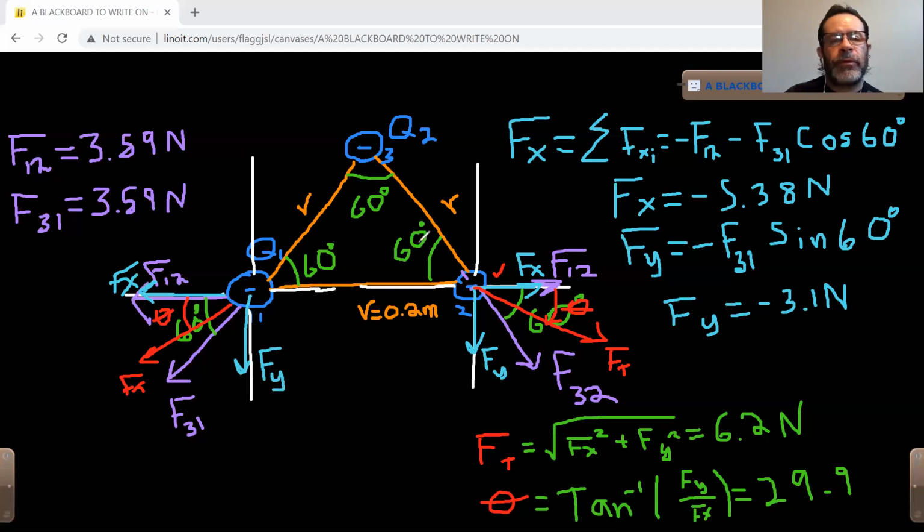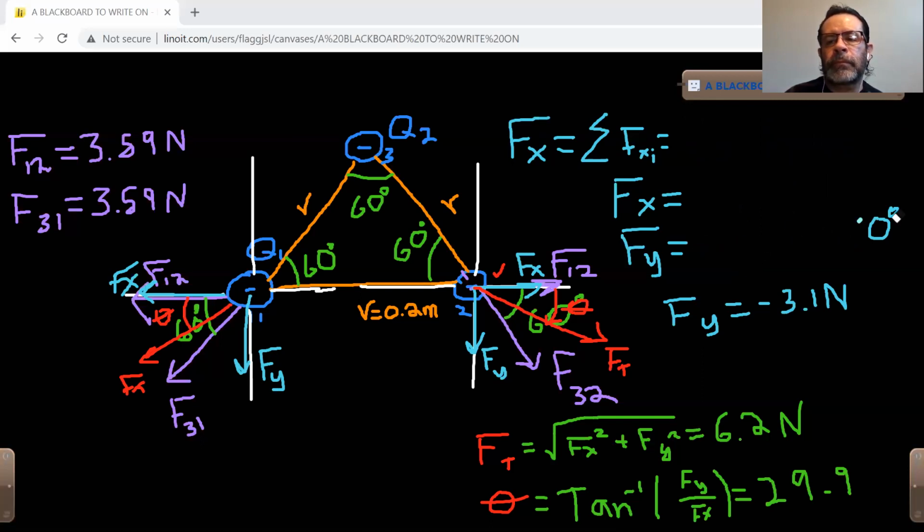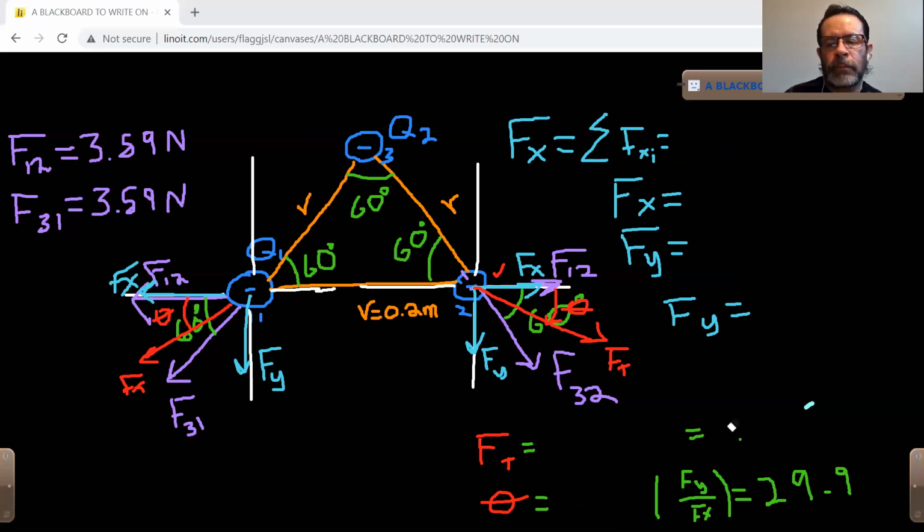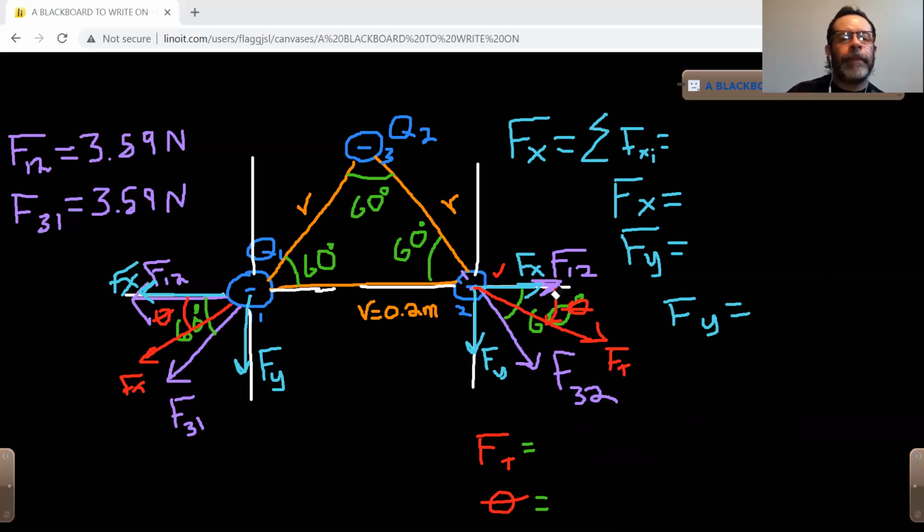Okay, and this is the force here. Now, I'm not going to erase everything, just a few things here. Okay, so now let's look at Q2.